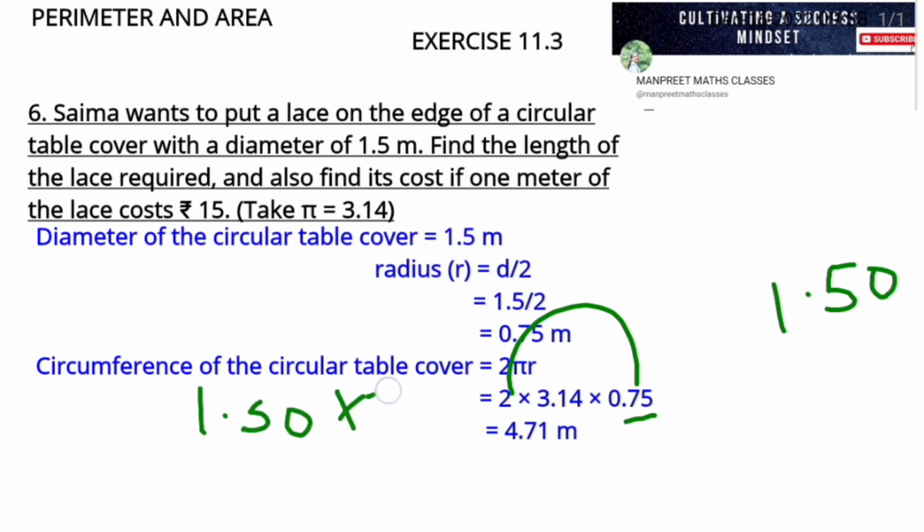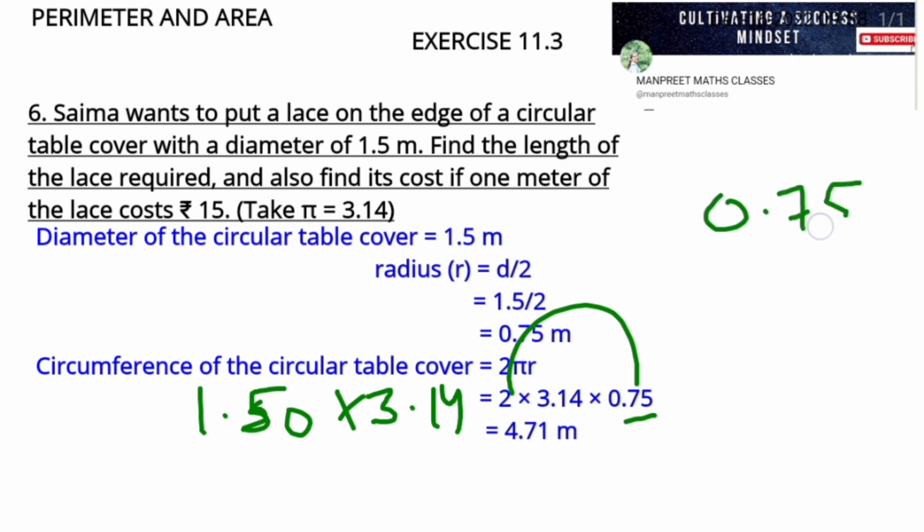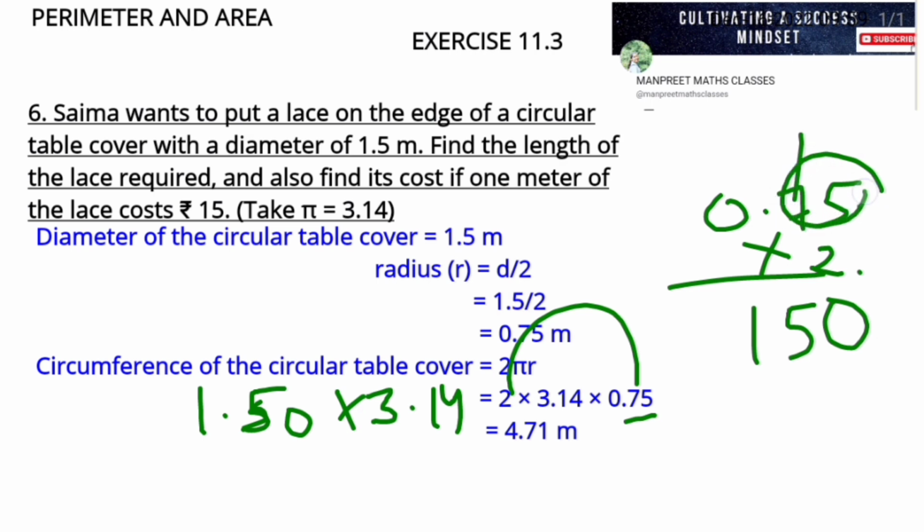That we further need to multiply with 3.14. Now this we have done orally. If you don't know, then let's see. 0.75 multiplied with 2. 5 2s are 10, 0, 1 carry, 7 2s are 14 plus 1 is 15. How many numbers were we having on the right hand side of the decimal? 2. So counting from the right hand side, after 2 digits we'll put the decimal. So now we have 1.50 and 3.14. Let's multiply them to get the final answer.